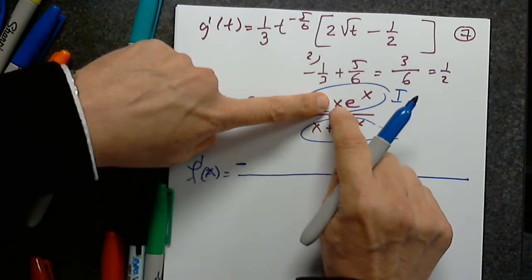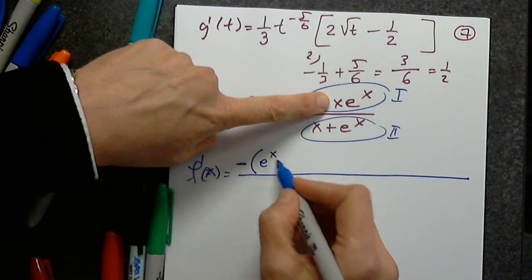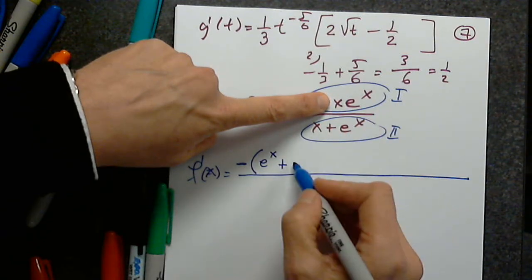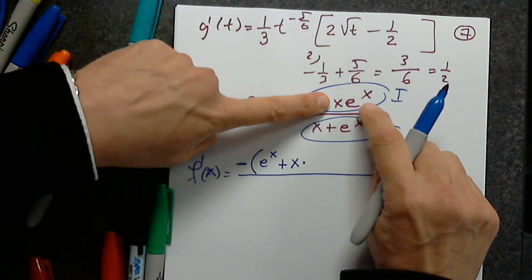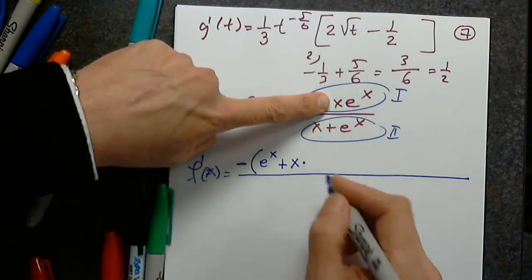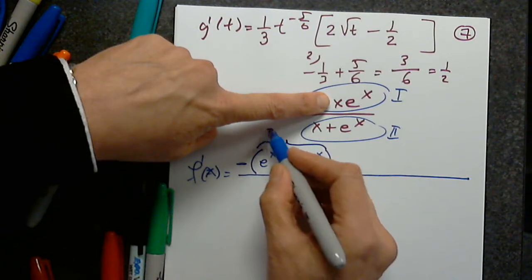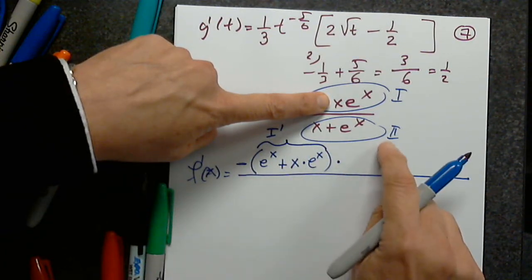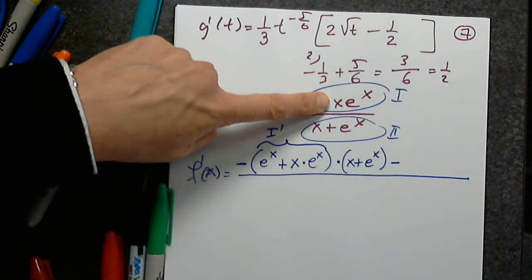The first function prime, which is 1, times the second function, plus the first function multiplied by the second function prime, which is, when I differentiate e to the x, I get e to the x. So all this is only 1 prime multiplied by the second function, which is x plus e to the x minus.